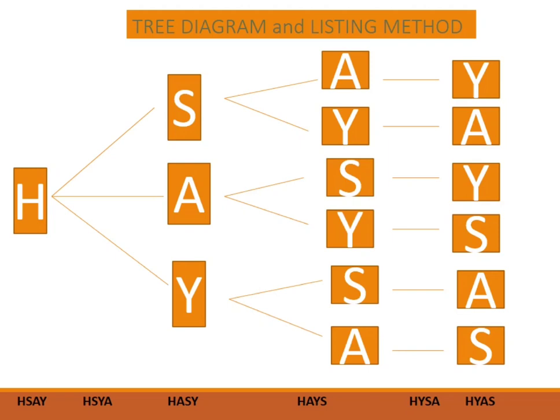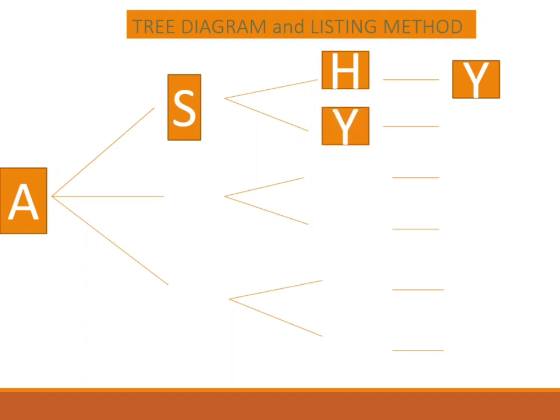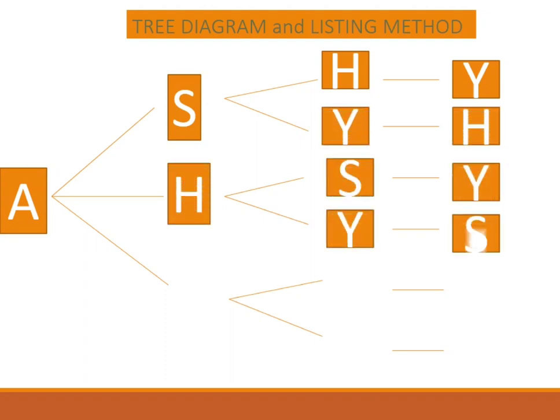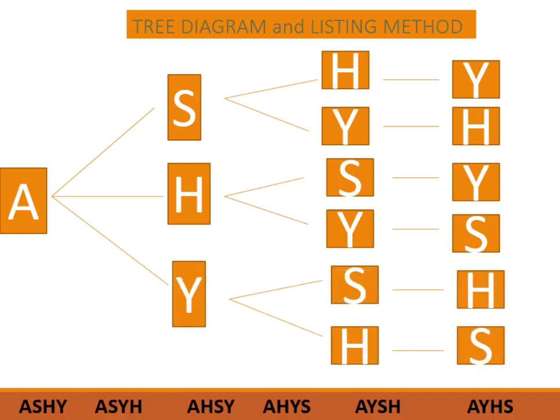Kung gagamitin naman ang ikatlong letra ng kanyang pangalan bilang pasimula ng mga passwords, ito ang pwedeng magawa: A-S-H-Y, A-S-Y-H, A-H-S-Y, A-H-Y-S, A-Y-S-H, and A-Y-H-S.